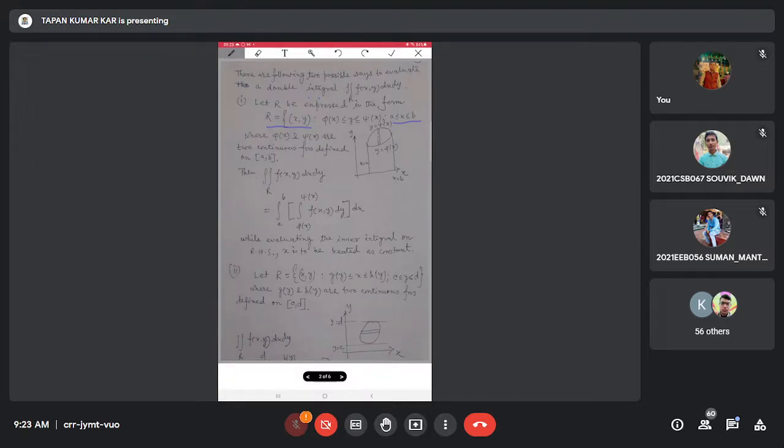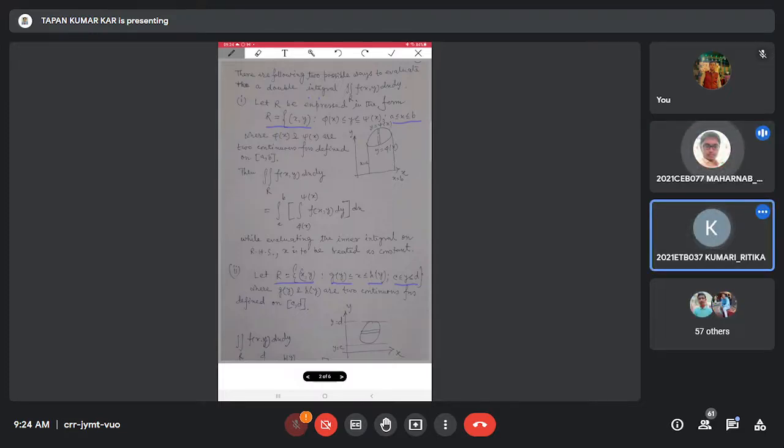And the next one, look at this: R, where x varies from g(y) to h(y) and y varies from c to d. Do you have any clue what this type of region actually means, that y varies from phi(x) to psi(x) and x varies from a to b?